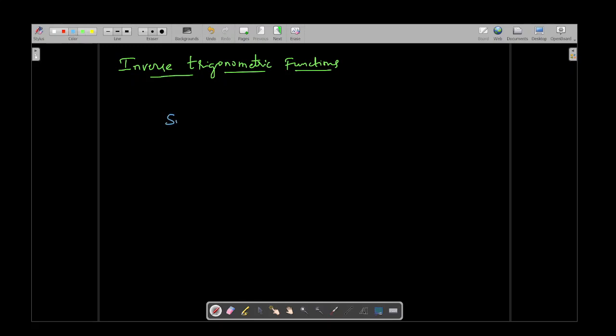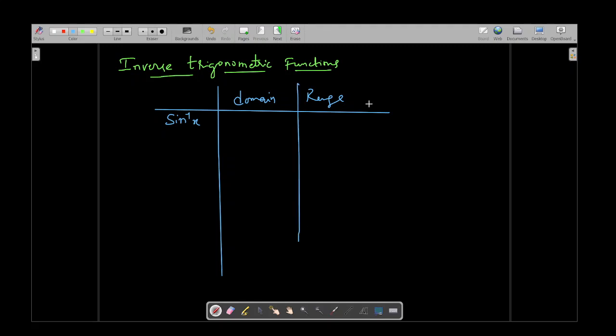Let's say we have sine inverse of x, its domain and range. Let's write this.